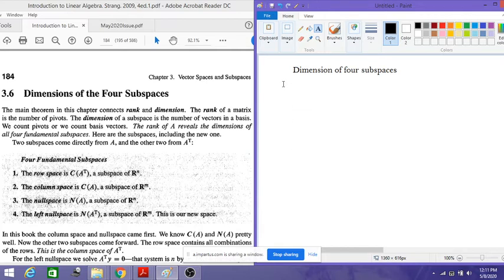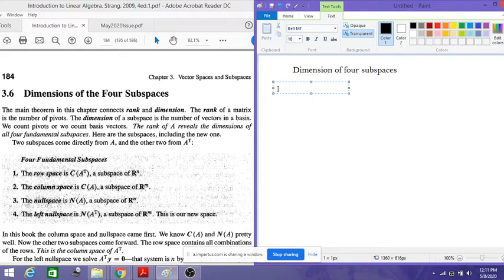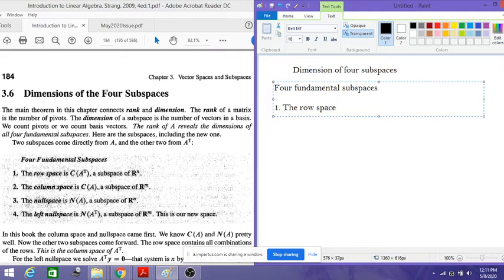So let us write the four fundamental subspaces here, which are the spaces that we are talking about. The four fundamental subspaces. The first one is the row space. Do not get confused with the spaces here. We are talking about the row space and the column space. So what is a row space?